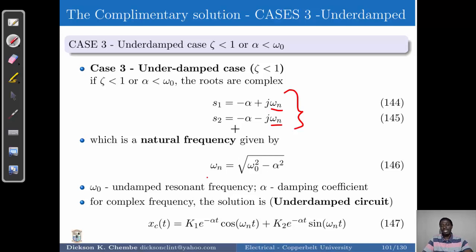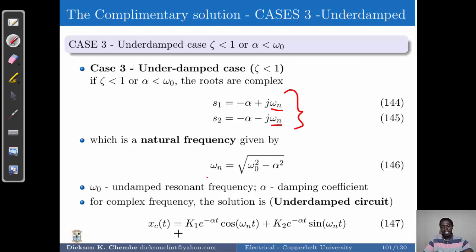This natural frequency is a frequency that every object has. If we look at vibration, each object is vibrating at a natural frequency. So this is important in that underdamped case.